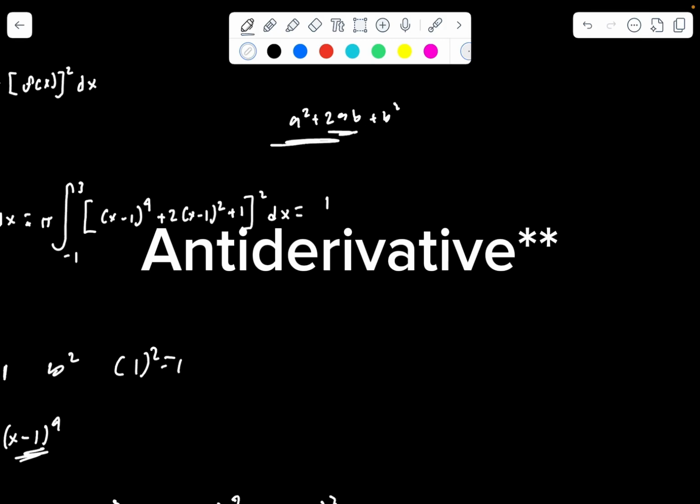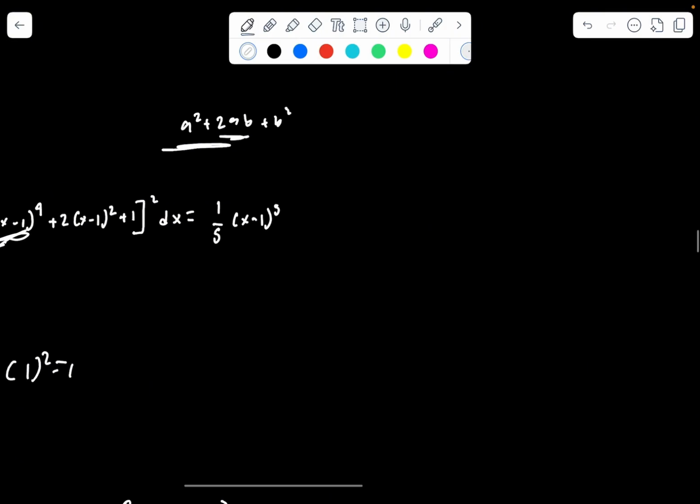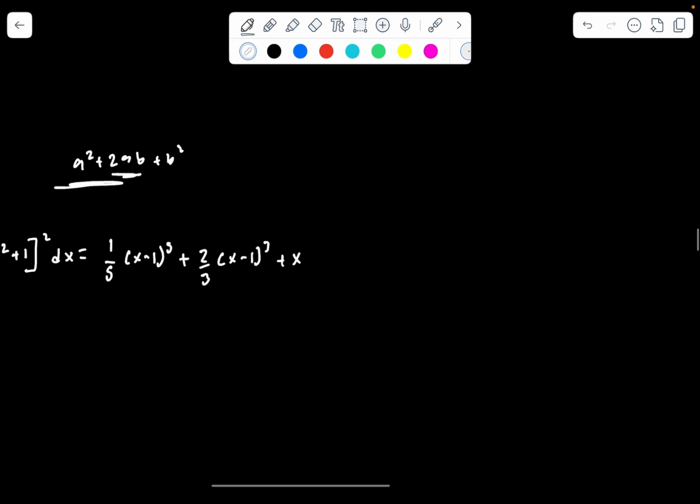The antiderivative of this first one here is 1/5 (x minus 1) to the 5th. The antiderivative of the second one is 2/3 (x minus 1) cubed. And then the antiderivative of 1 is just x. Sorry for saying derivative, antiderivative. So now we can go ahead and evaluate, which is our favorite long way.